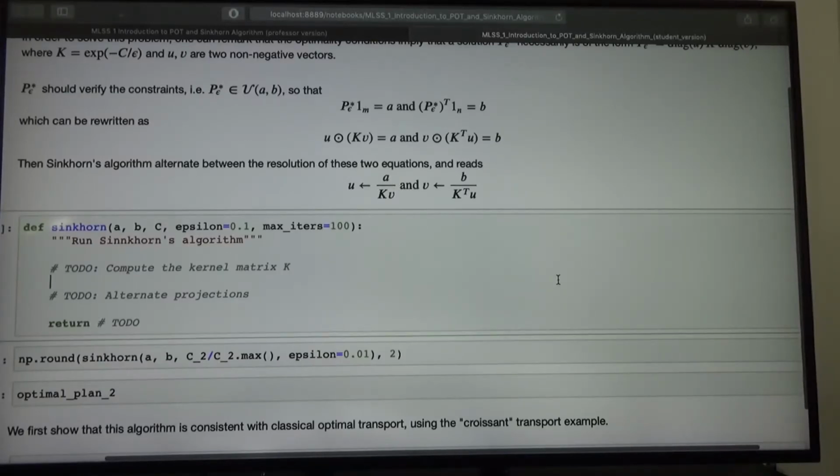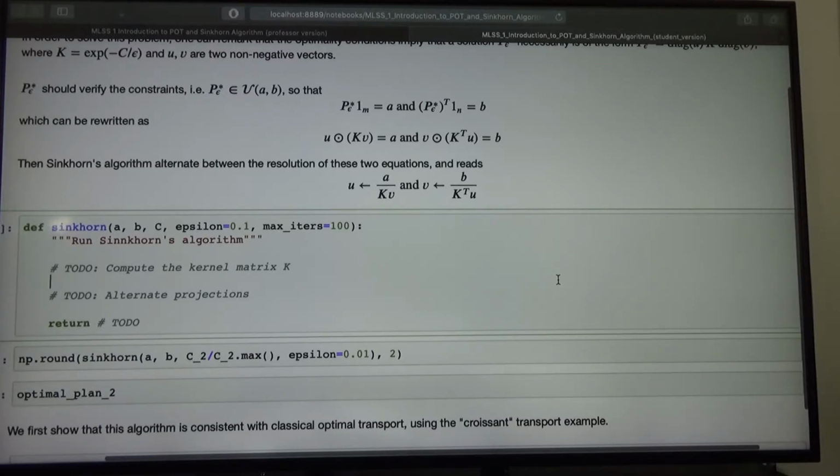Okay. So what I propose that we do now is actually implement this algorithm. It's 3 lines of code, so you should be able to do it. You just have to replace the formulas that I wrote in LaTeX with code, right? So first you have to compute this kernel matrix that has a closed form depending on the cost matrix and the regularization strength.